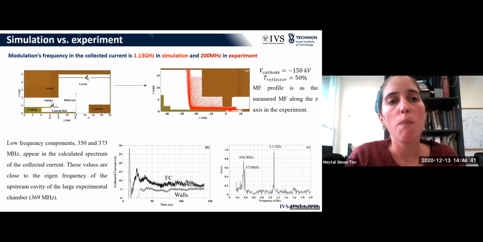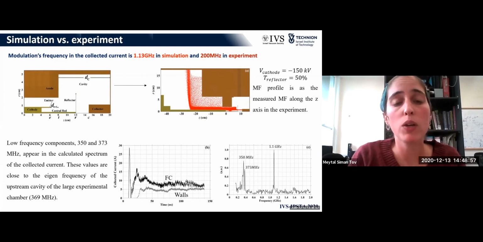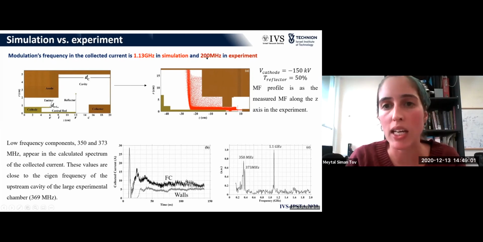Okay, so now let's compare the simulation and the experiment. In both of them, we get modulations in the collected current, which means that we have electron bunches in the system, but the amplitude of the modulations and the frequency were not the same. In simulation, we get a higher frequency of 1.13 gigahertz, while in the experiment we get 200 megahertz.